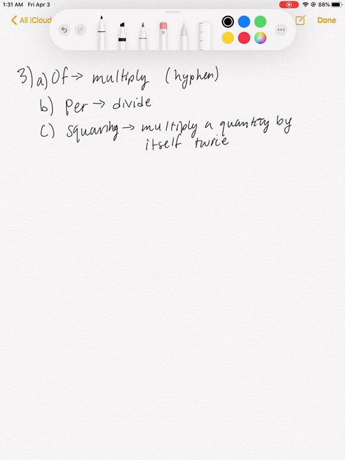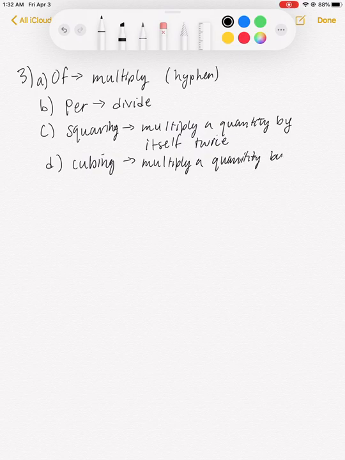Okay, so there's two things there in the squaring. Then the other one is called cubing. Means to multiply the quantity by itself 3 times.